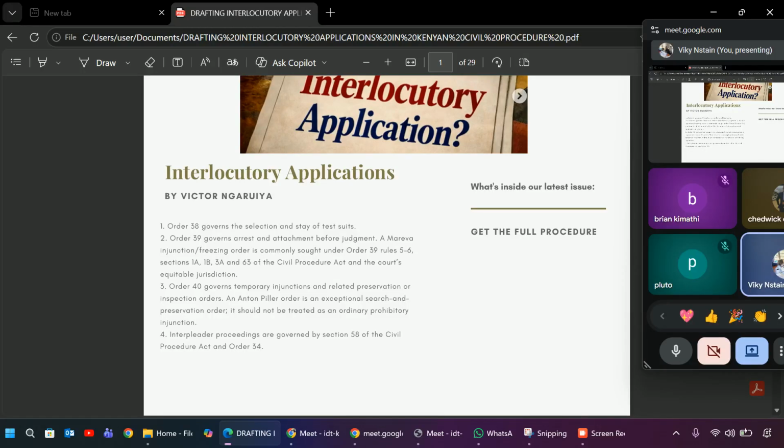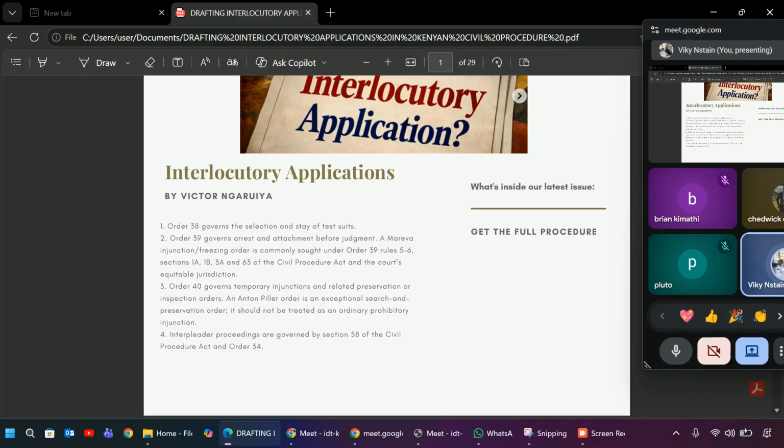So generally, I will start with the introductory part of it, where I will discuss Order 38 of the Civil Procedure, and Order 39 that governs arrest and attachment before judgment, a Mareva injunction.